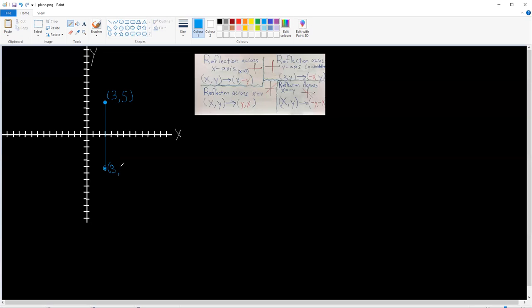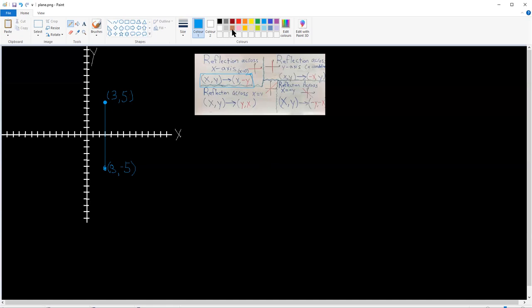And the y value is negative 5. It has the same absolute value from the x-axis, but it is negative in value. That is why this algebraic description is the way it is. It's a reflection across the x-axis.